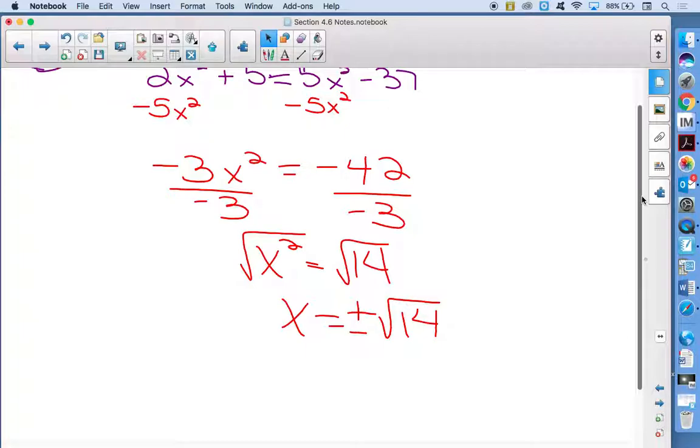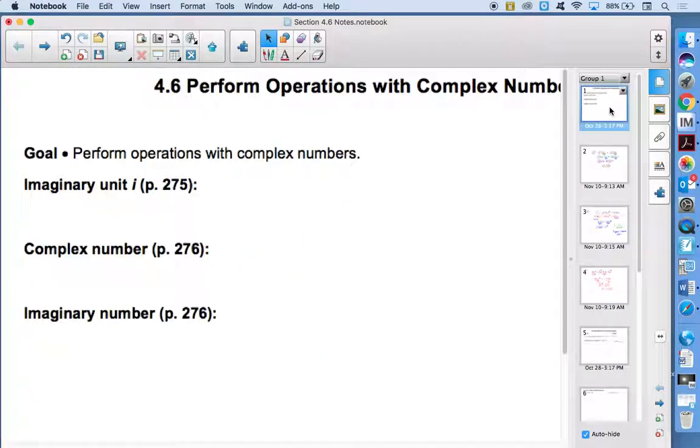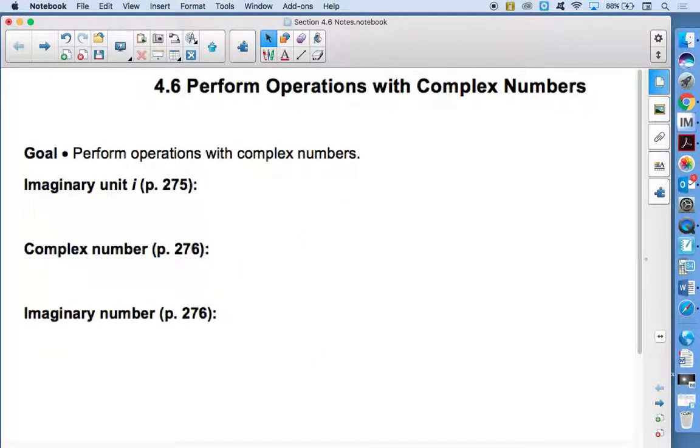The reason we work with imaginary numbers is because sometimes you're going to have negatives underneath the square root, and they actually do make solutions to problems. Once we start investigating larger powers, you'll see that they are part of equations. So we want to make sure that we're finding all of the pieces of the equation.